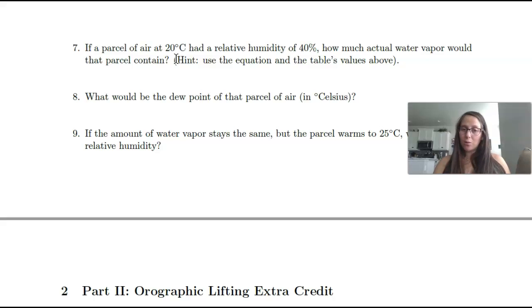So I'm not going to do it for you, but I do hint that you have to use the equation that we had before. However, in this case, you know the relative humidity, so you know RH, and you have an idea of what the maximum water vapor capacity is based on the temperature that they give you for that parcel of air.